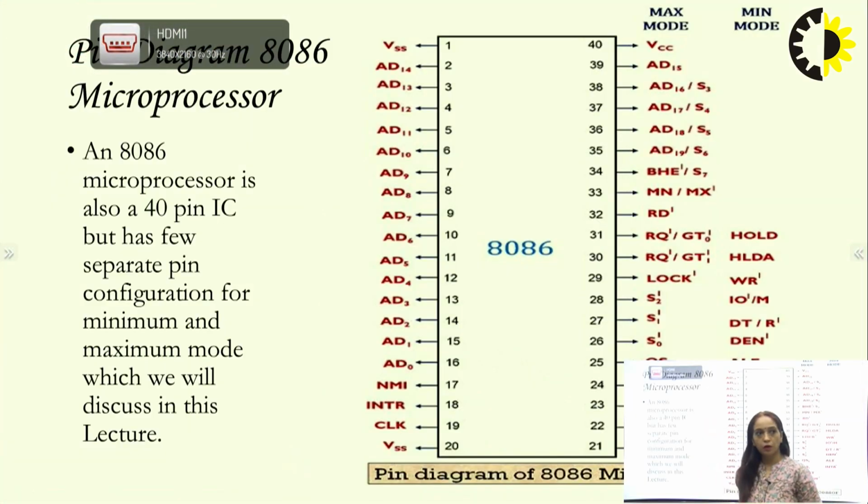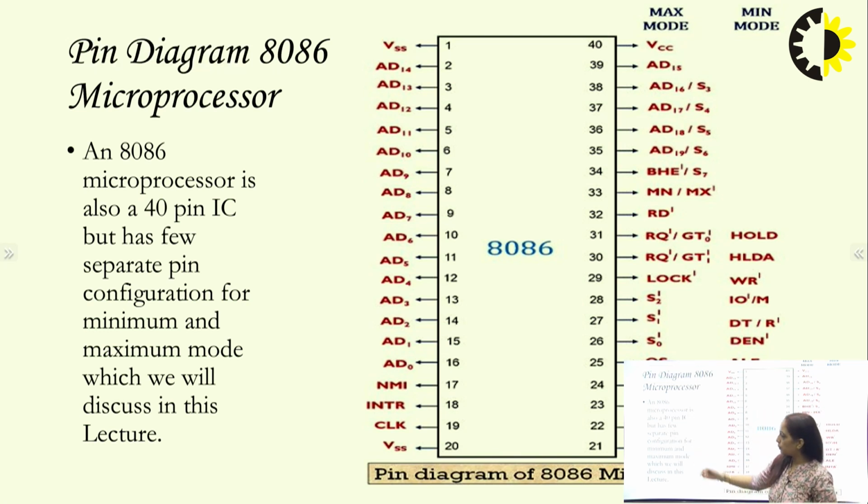So let us quickly check the pin diagram of 8086. The 8086 microprocessor has a 40 pin IC, but a few separated pin configuration for minimum and maximum mode. In this pin diagram, we can see that pin number 1 is VSS.